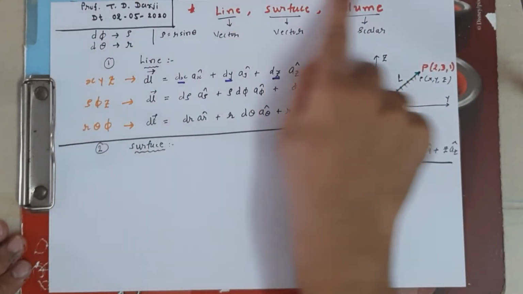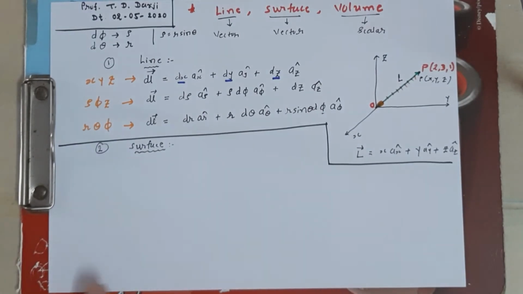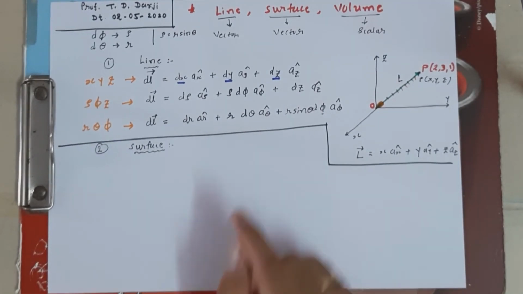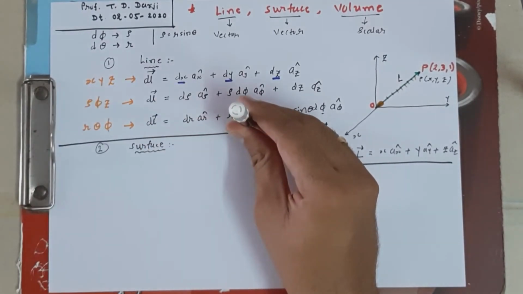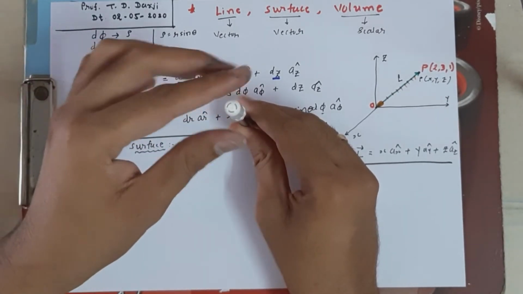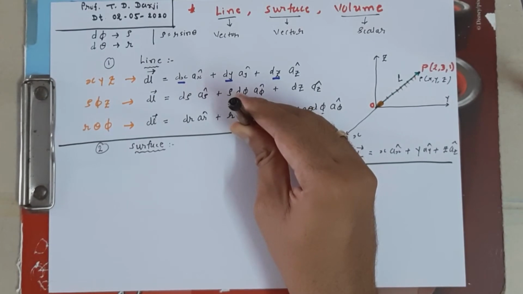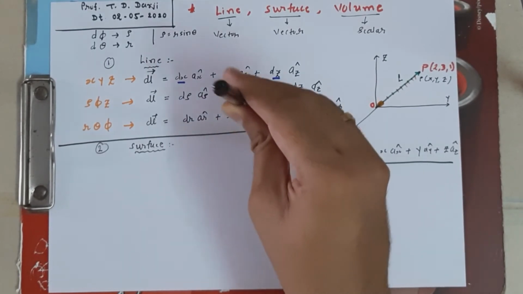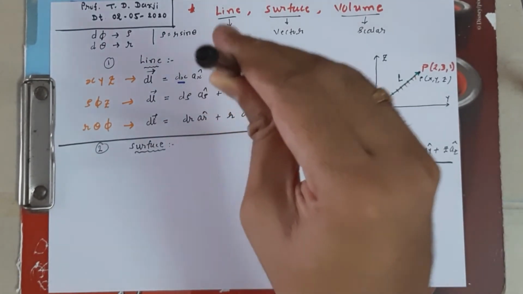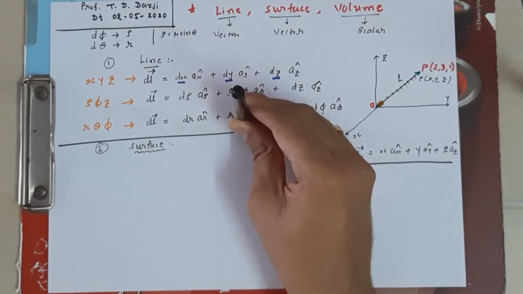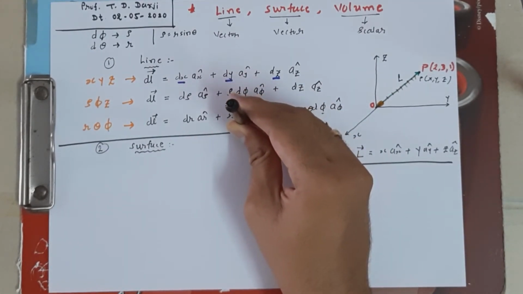This page is one type of surface. The direction of the surface is perpendicular to it, so this pen indicates the direction of the surface. So the surface direction is always perpendicular to the surface.